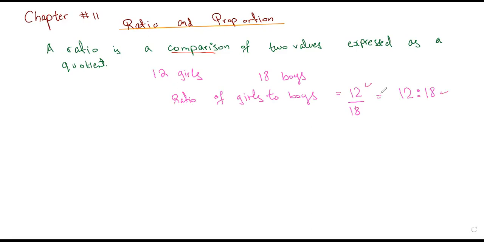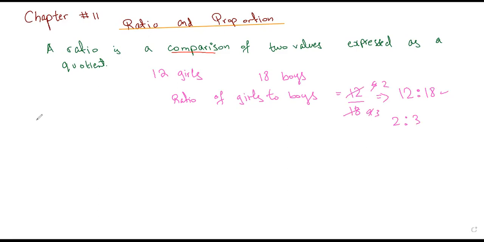So in short, ratio is just used for comparing, right? For comparison. I can always simplify these too. This is 6 and then this is 9 and then again this is 2 and this is 3. So the final answer would be 2 ratio 3, right? So the ratio of girls to boys is 2 ratio 3. Okay, so this is a basic idea about what ratio is. Obviously, we'll talk about proper examples.